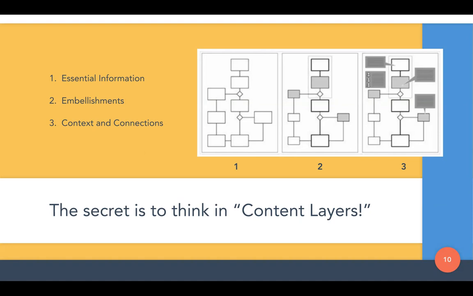And finally, the third content layer that you can lay on top of it is something that will provide more context and connections. One of the things that we do in user experience is we have to explicitly state what context we're in.